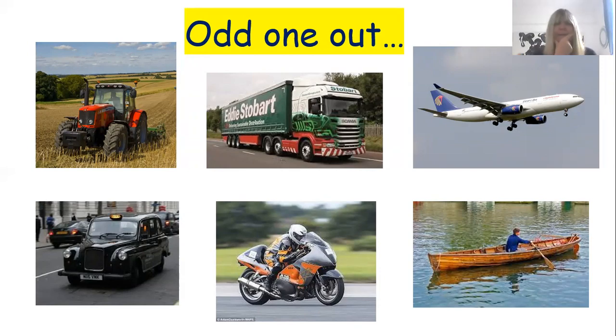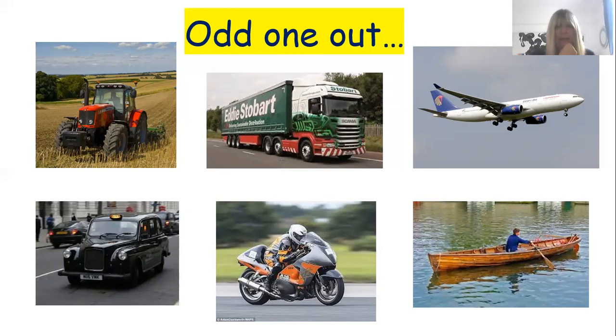So, anything? Oh, I've thought of something else. The motorbike. What makes the motorbike the odd one out? It's only got 2 wheels. All the other vehicles and the aeroplane have got more than 2 wheels.